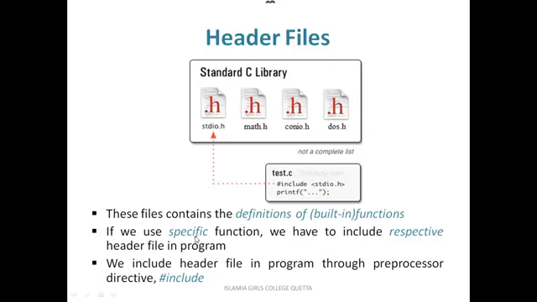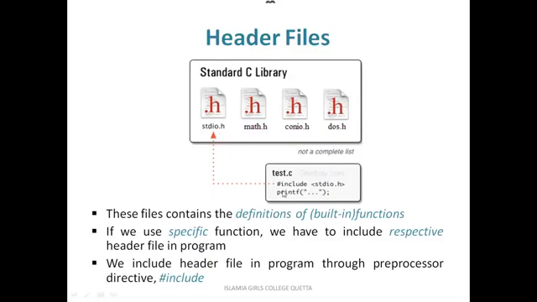So if we use some specific function from those header files, then we have to include the respective header file in the program. Means the file in which that function was present. As you can see in this diagram, we are using the function printf, and printf was present in the stdio.h.